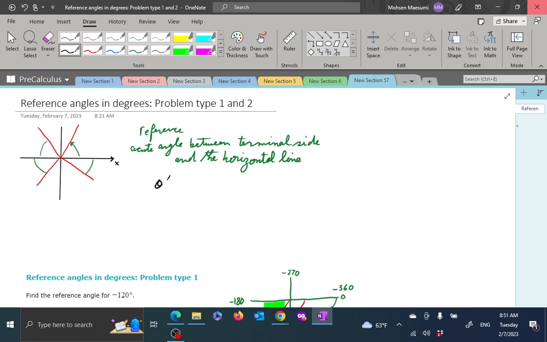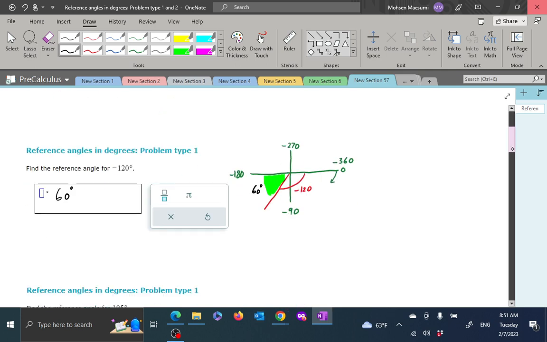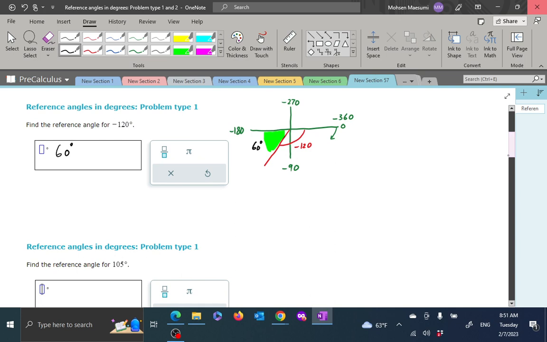The original angle is theta, the reference angle is theta prime. Theta prime is always between 0 and 90 degrees. We are making an acute angle so that when we apply the trig functions to it, it will be easy for us to answer those types of questions.